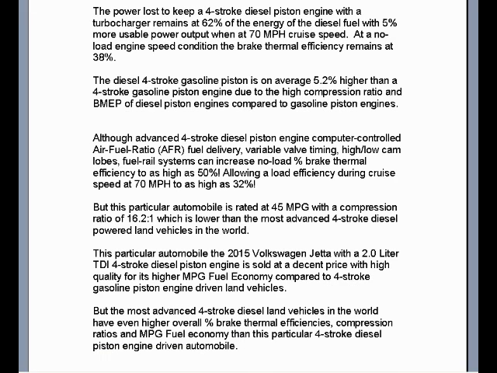Although the most advanced diesel 4-stroke piston engines in the world rely on computer-controlled air-fuel ratio software advancements, also causing higher efficiency through variable valve timing, high-low cam lobes, fuel rail systems, and certain higher value 4-stroke diesel piston engines can operate under no load as high as 50% overall brake thermal efficiency when at idle and the vehicle is parked, and then they operate as high as 38-39% while on the road.